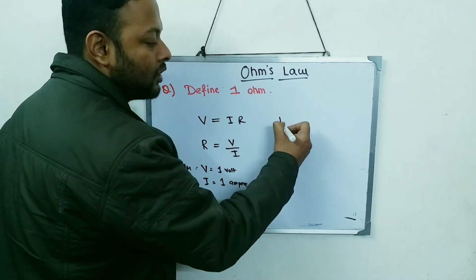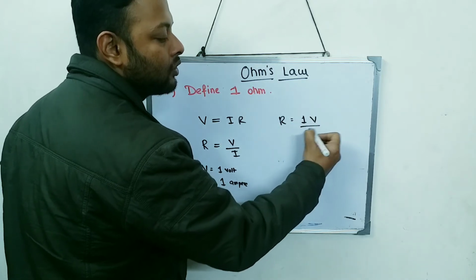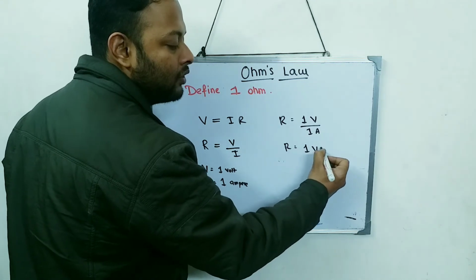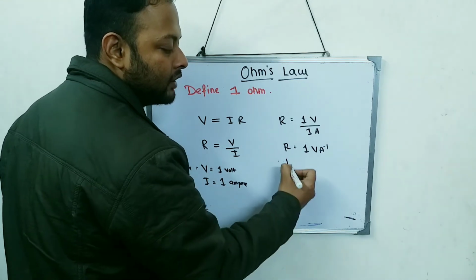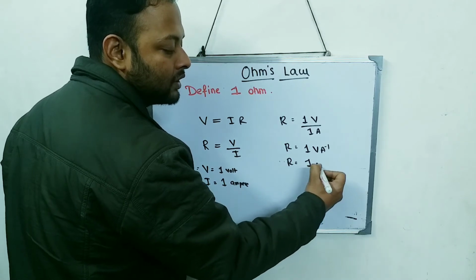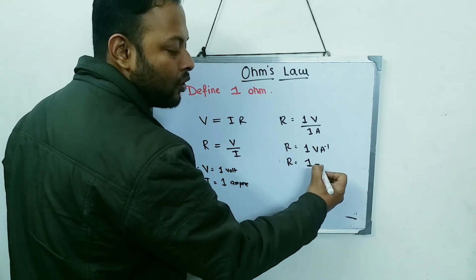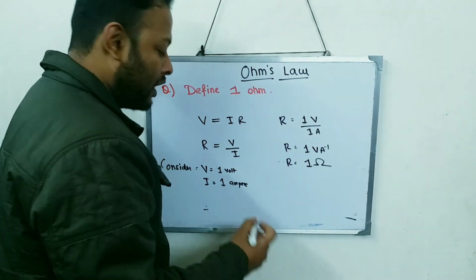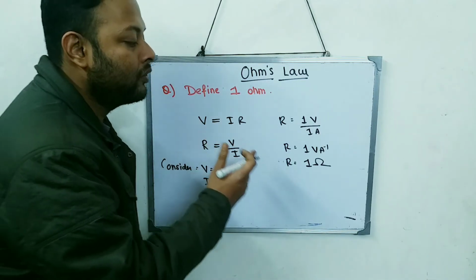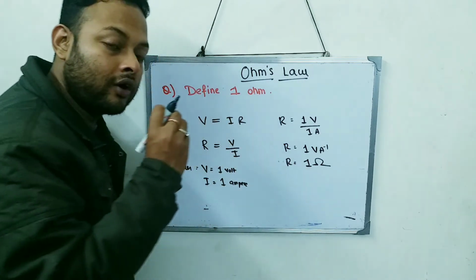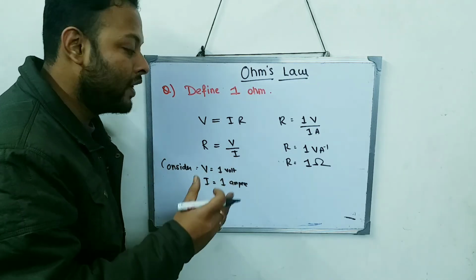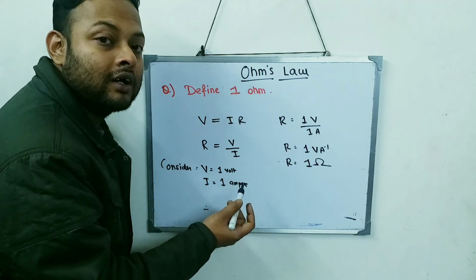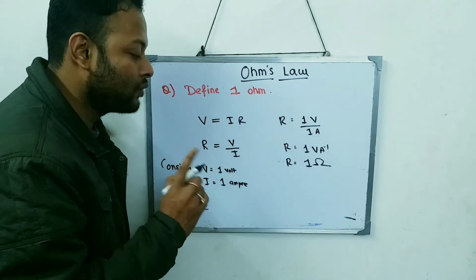Now R becomes 1 volt by 1 ampere, so R becomes 1 volt ampere to the power of minus 1, and this is given as 1 ohm. I told you the symbol of resistance is omega. So how to define 1 ohm? Resistance is 1 ohm when a current of 1 ampere passes through a conductor where the potential difference is 1 volt.